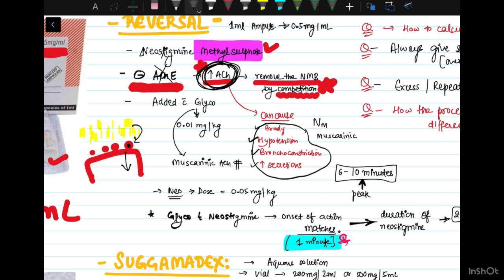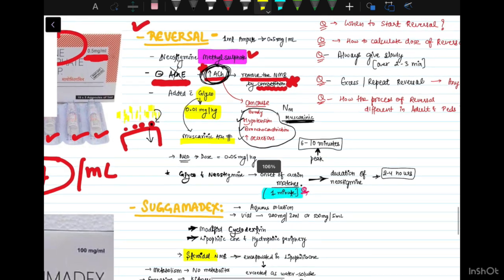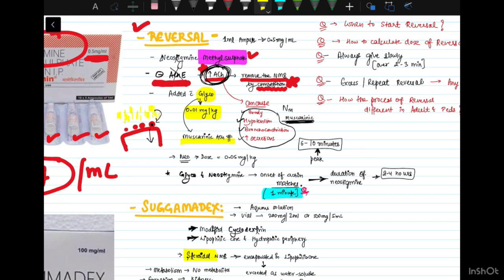So that is why, to prevent these muscarinic side effects, we need a muscarinic blocker along with that. So we use glycopyrrolate as an additive with the neostigmine, which is usually added at a dose of 0.01 mg per kg. So this is the muscarinic acetylcholine receptor. So we finally know why glycopyrrolate is added.